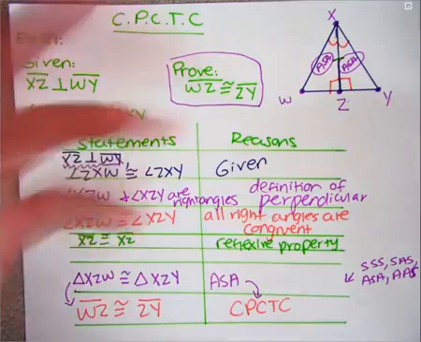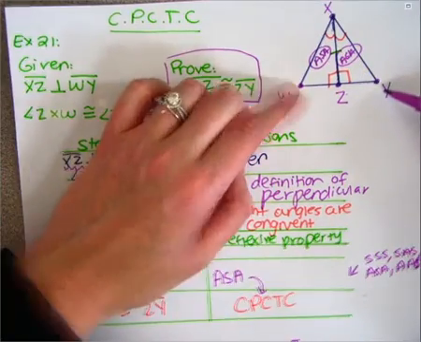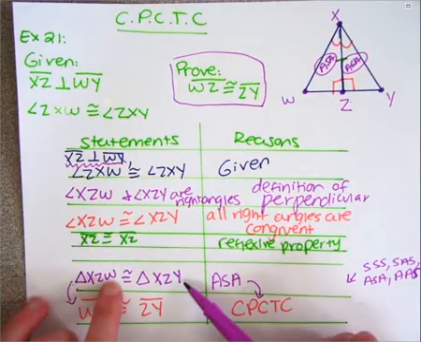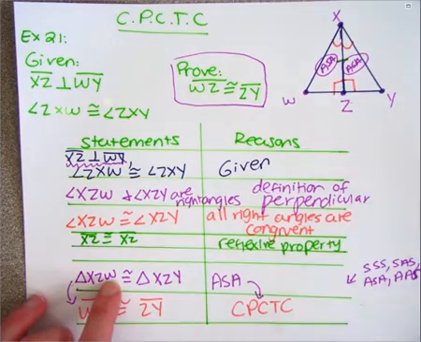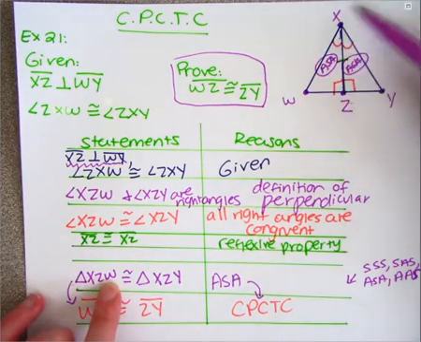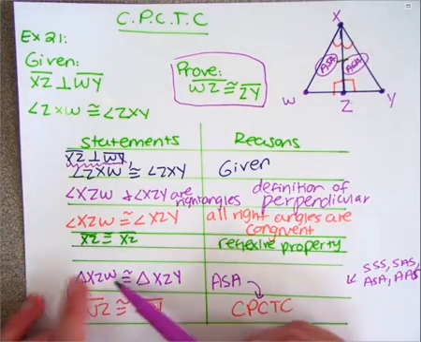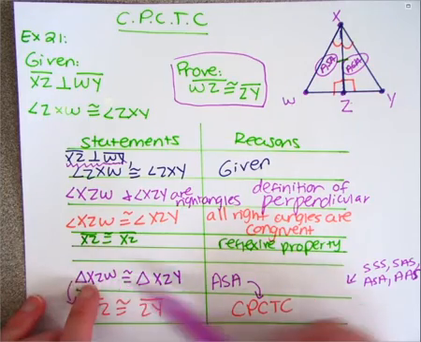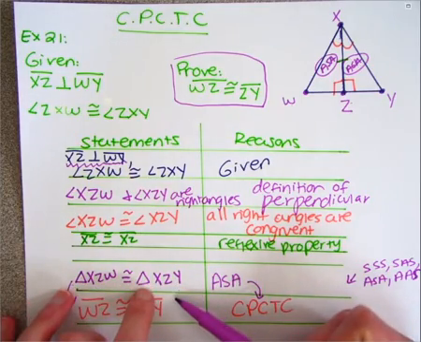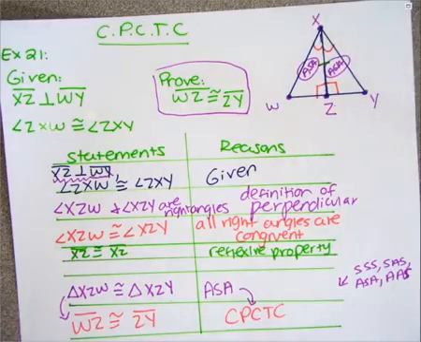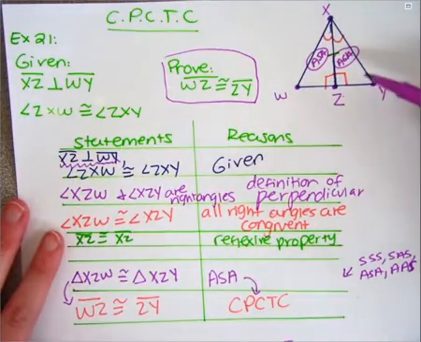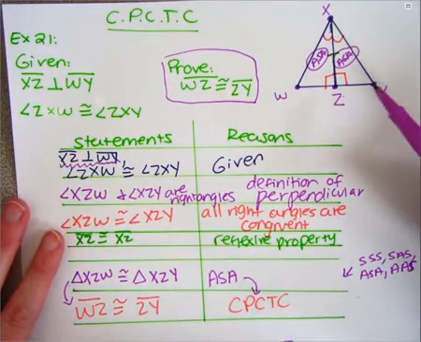So I could also say angle W and Y have to be congruent. W and Y are both in my third spot, so they're congruent. I could also say that XW and XY are congruent. XW are in spots 1 and 3, XY are in spots 1 and 3. So I can now say that every other side and angle that I did not mark in my picture as congruent has to be congruent.